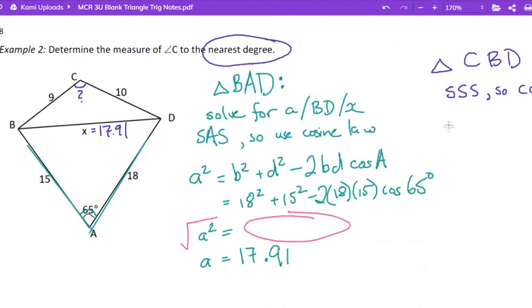So what we know is that cos of C is going to be the other 2 sides squared. So it's going to be B squared plus D squared minus C squared. It's not sine, but cosine. And then at the bottom, it's twice the length of the other 2 sides, so 2 times BD.